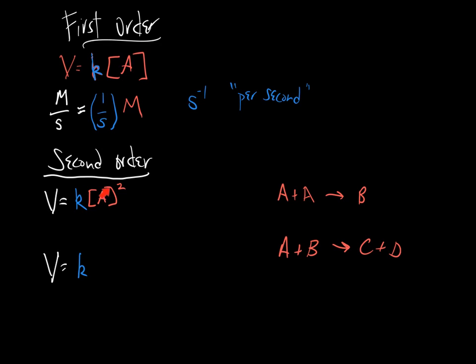For this example here, it was A times A, which is A squared. So in the lower example, it would be A times B or B times A, it doesn't really matter. And each one of those is to the first power, but 1 plus 1 is 2, and that's why overall it's second order. Sometimes they'll say it's first order with respect to A, first order with respect to B, but overall it's a second order reaction.